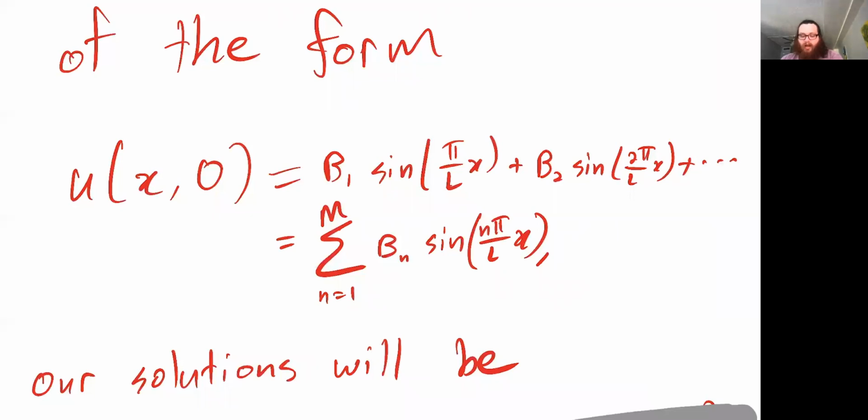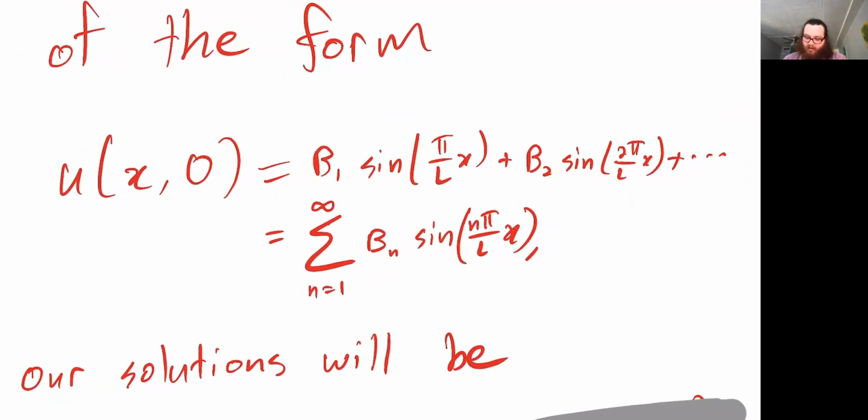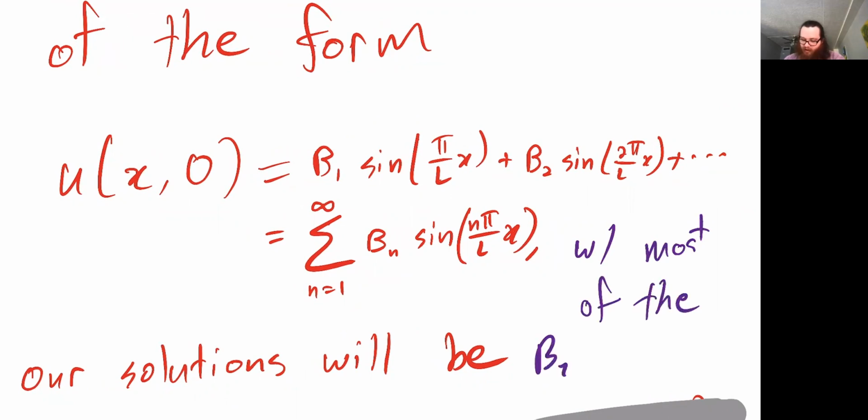Another way to think of the finite case is we still have this infinite sum, but with most of the b sub i equal to 0. If all of these coefficients are 0 after some point, we can still use this way of writing things, but in practice it'll be a finite sum.